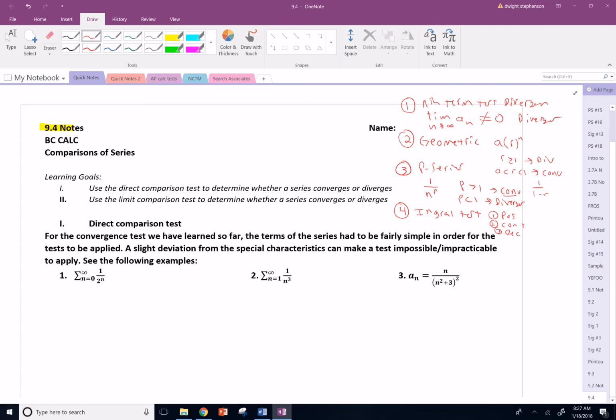Then this says if the infinite integral from 1 to infinity of f of n converges, then the series also converges, but it doesn't tell you what it converges to, right? Even if you find this number for the infinite integral, it won't be the same for this series.